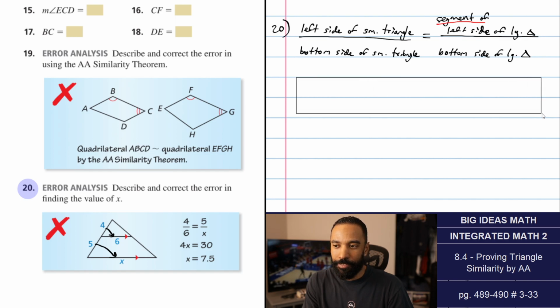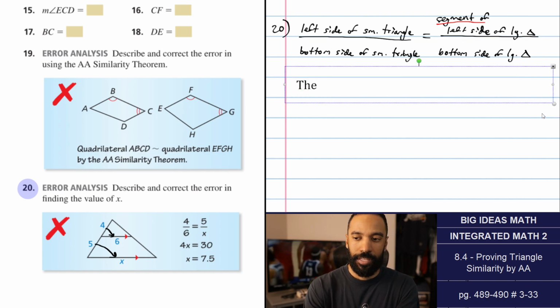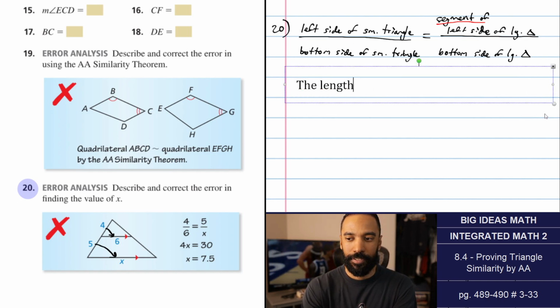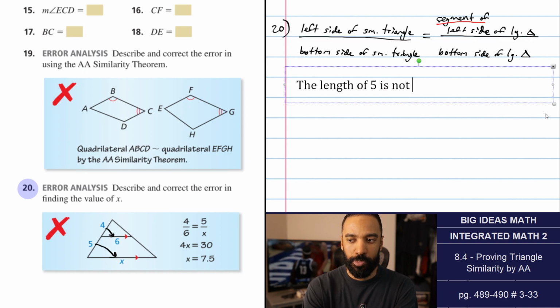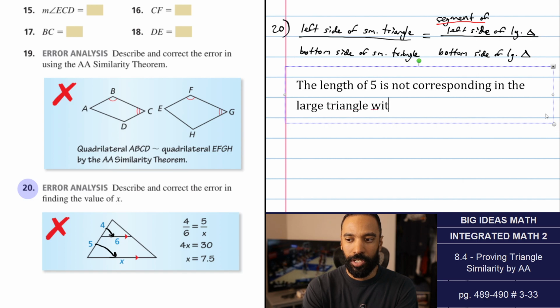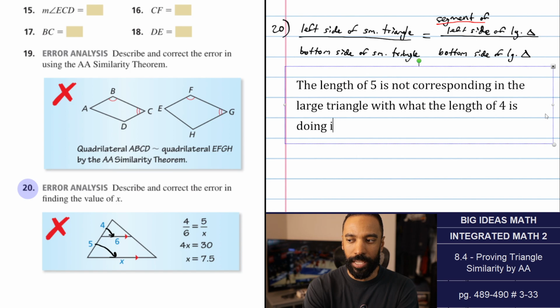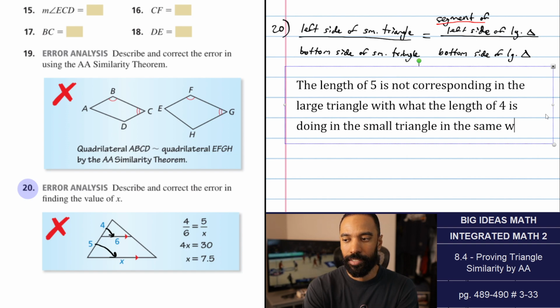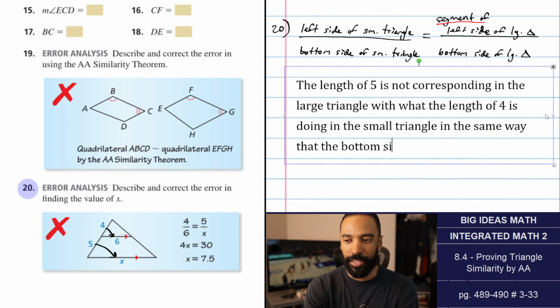The length of 5 is not corresponding in the large triangle with what the length of 4 is doing in the small triangle, in the same way that the bottom side lengths correspond in both triangles.